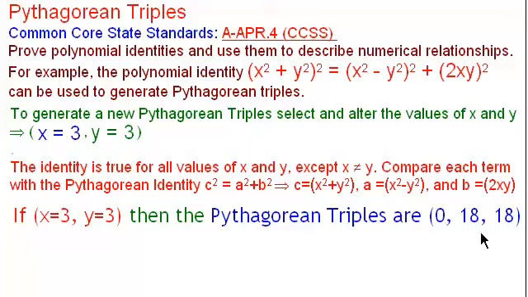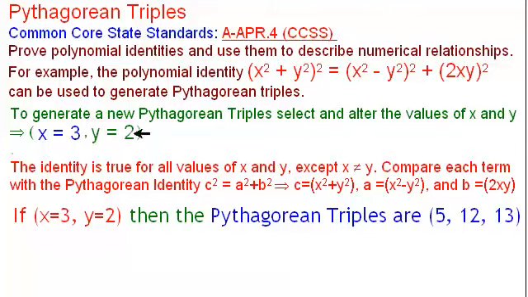So this is not going to be a Pythagorean triple, and that is one of the reasons I said we can choose any natural number, and the condition is that the two values of x and y should not be equal.